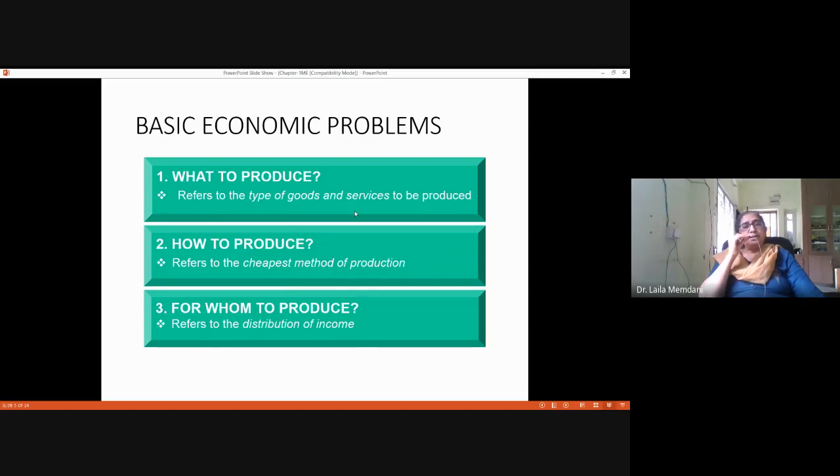Now, the second question is how to produce, whether to use more of automation or more of labor intensive methods of production. So, whether to use more of capital or more of labor, which method to use, and for whom to produce. Again, this is related to the first question, what to produce.